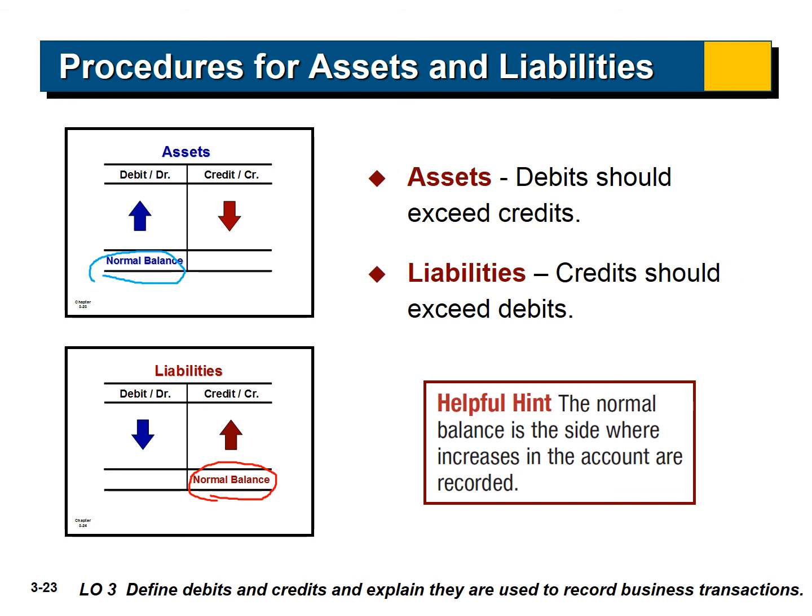For all this to work, for assets, increases are on the debit side and decreases are on the credit side. For the whole accounting equation to work, if that's true, then the reverse has to be true for liabilities. So for liabilities, debits decrease and credits increase. Again, this is just to make sure the accounting equation still holds true.